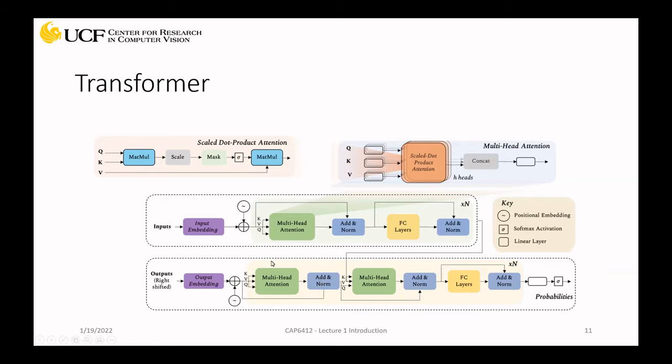But the decoder will also have input from the encoder, which is coming here. So that will have multi-head attention, add normalize, fully connected, and normalize, and so on will come out. So that's the transformer, okay?